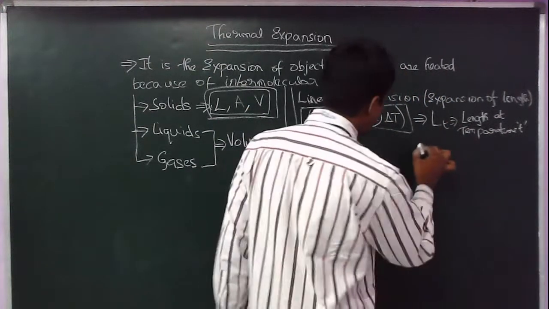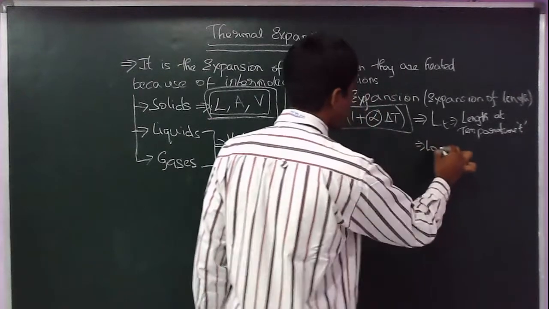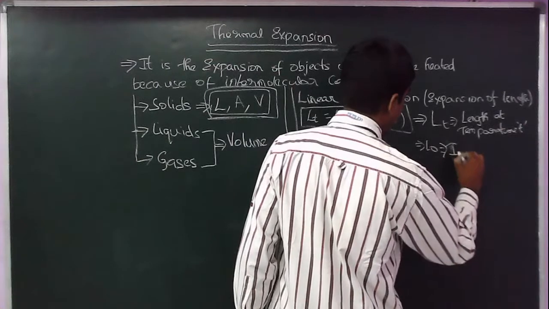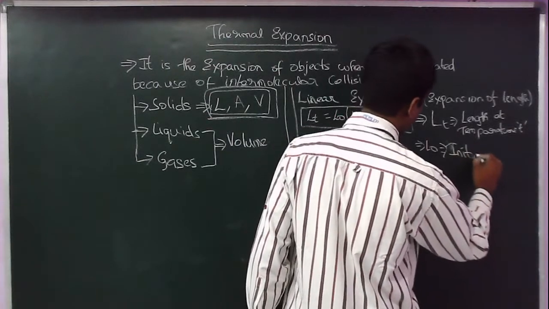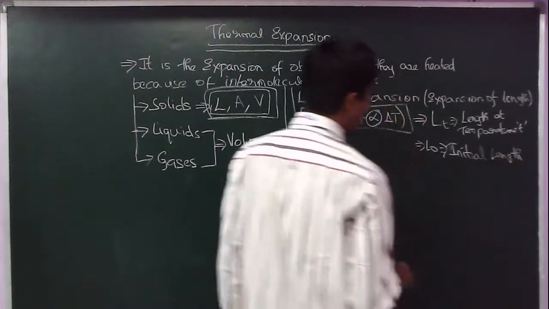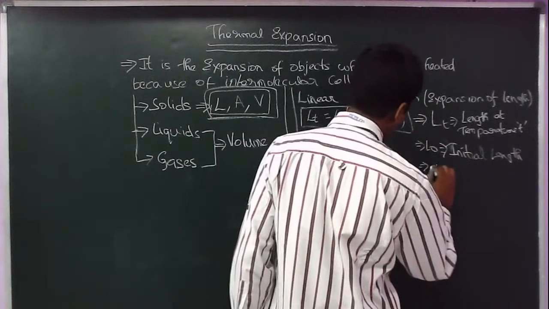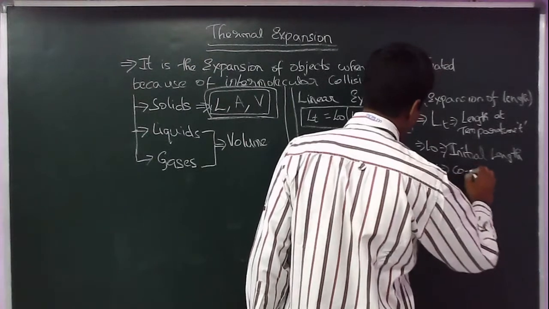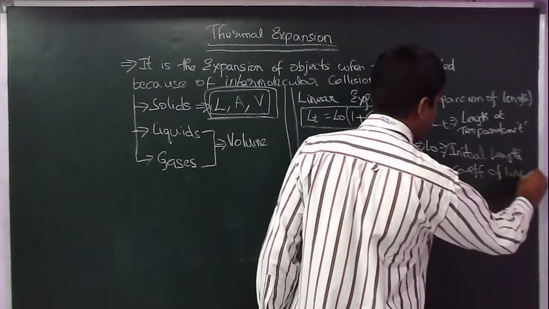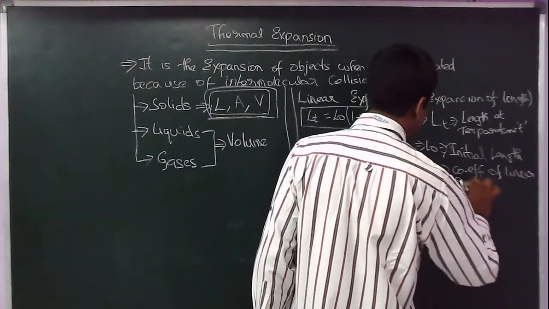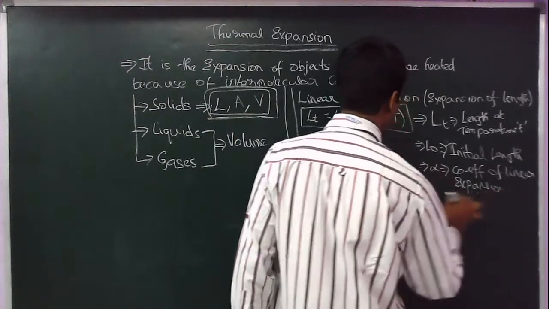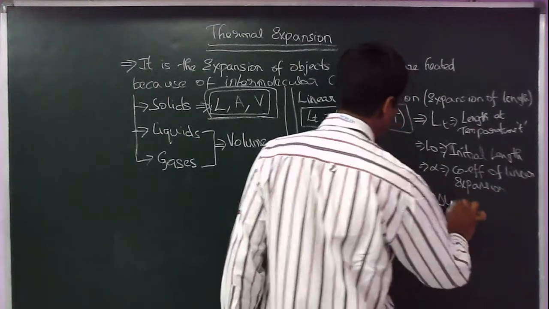Now L naught is the initial length, alpha is the coefficient of linear expansion, and delta T. What is meant by delta T?